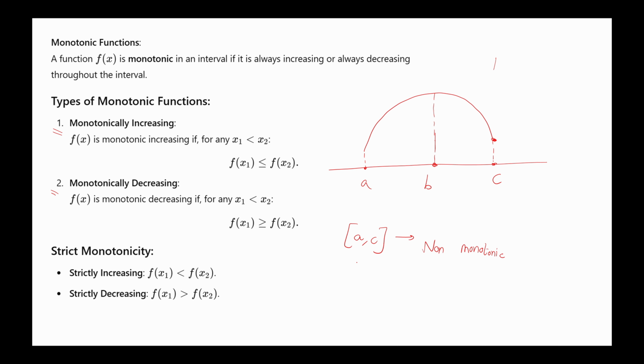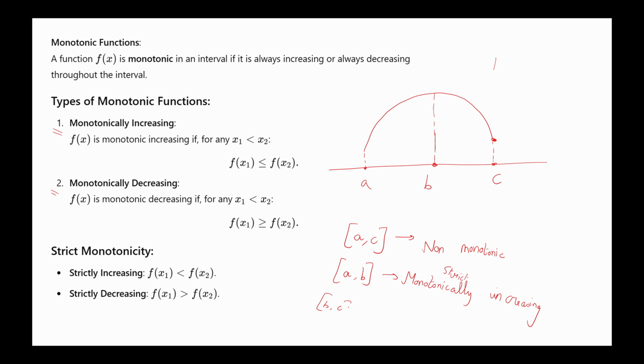Now, if I talk about from A to B, I can say that the function is always increasing. That means I can say it is monotonically increasing. And of course, at any point, I can see that my f of x2 is not going to be equal to my f of x1. So I can say it is strict as well, strictly monotonically increasing.